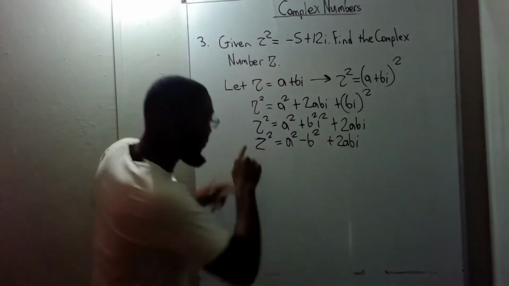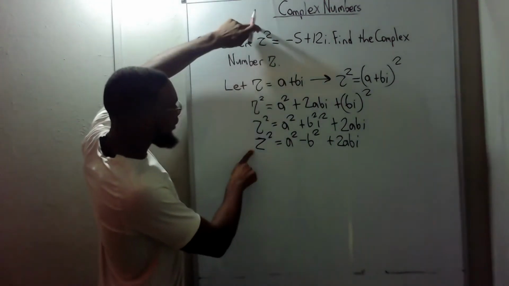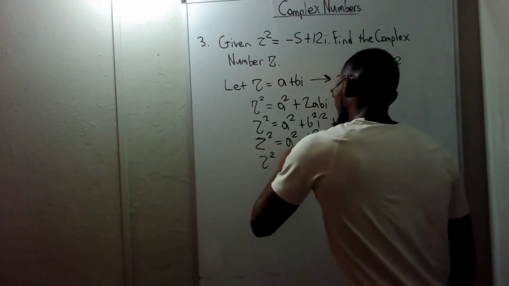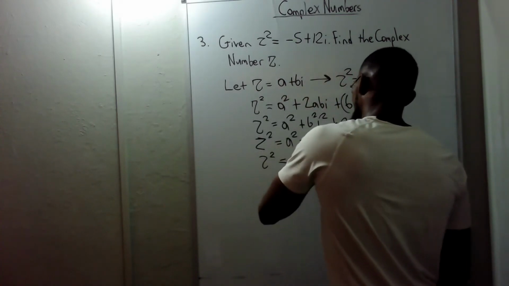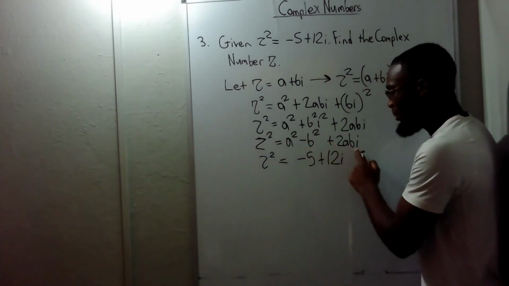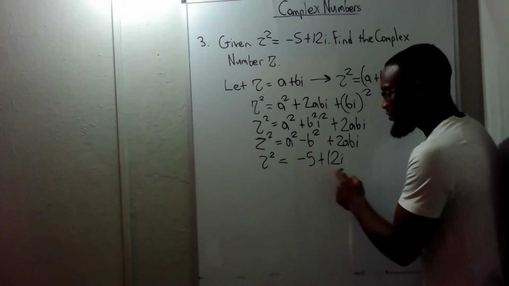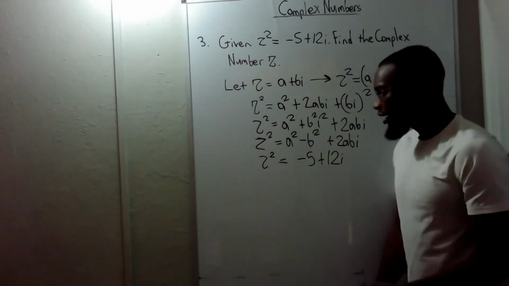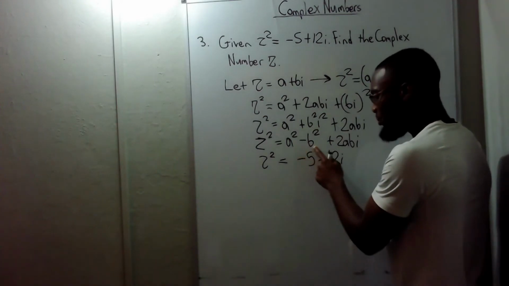Now, if z squared is this and z squared is this, so we have two expressions for z squared. We just need to solve for a and b.